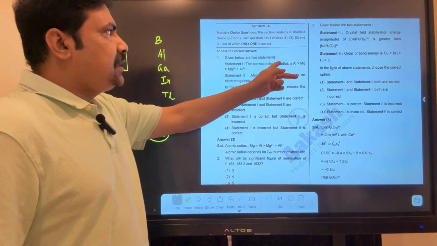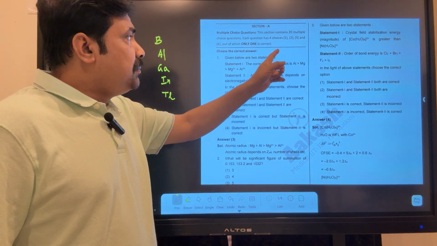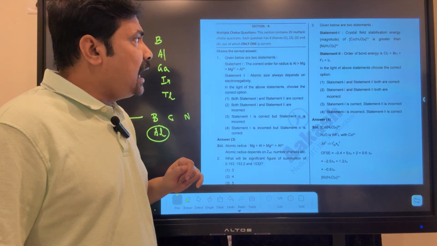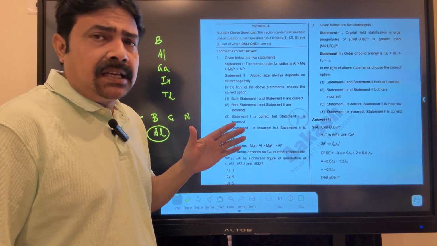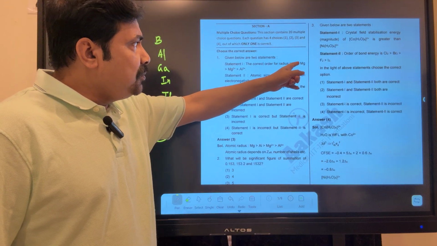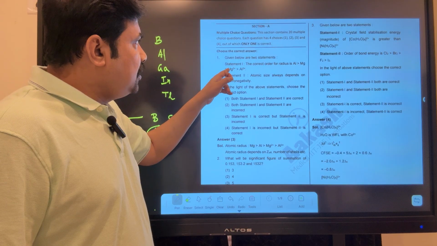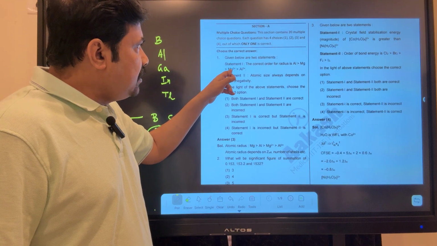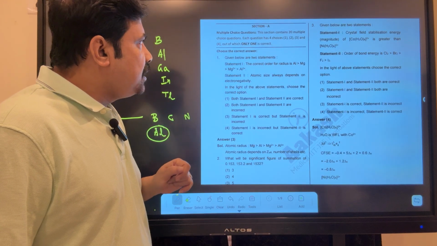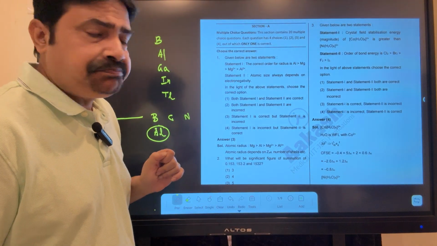Actual order will be, if you look very carefully, magnesium will be greater than aluminum, if same period elements are there. I think here the question they did not give properly. This order should be magnesium greater than aluminum, and then only your situations will come: magnesium plus 2 greater than aluminum plus 3, then only statement 1 will be correct, otherwise it is not.